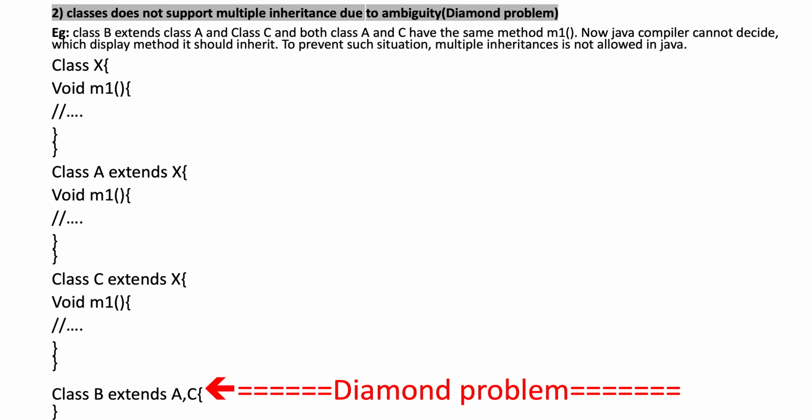Multiple inheritance is only supported for interfaces. That means an interface can extend multiple interfaces. That is supported, but for classes it is not.